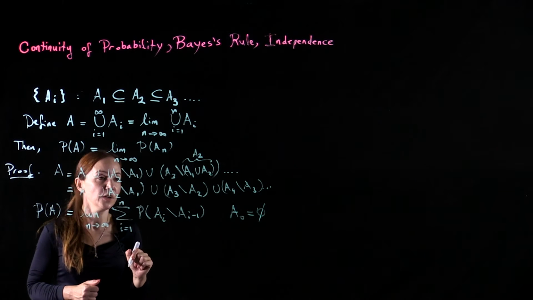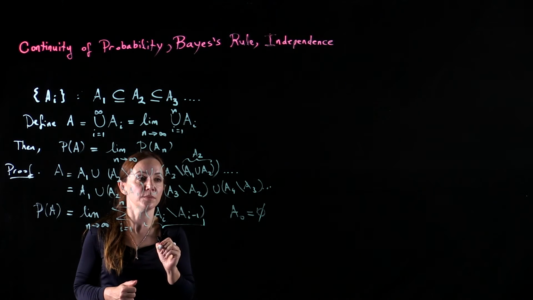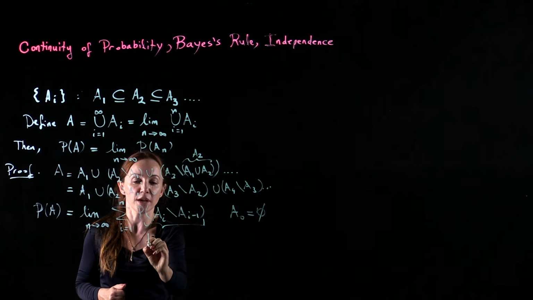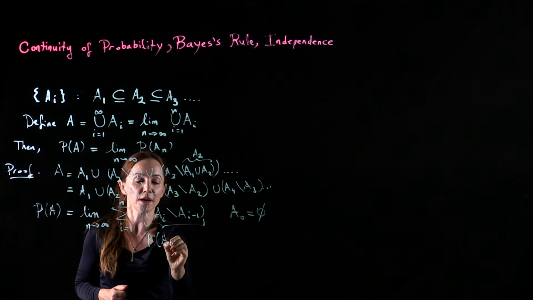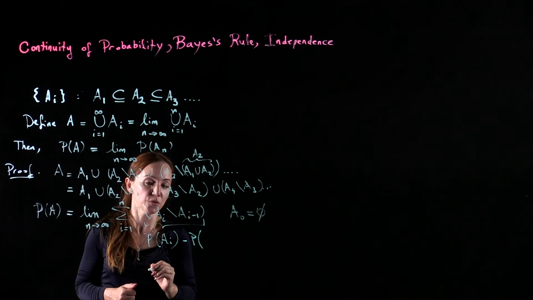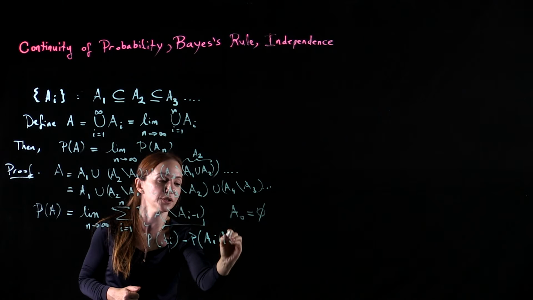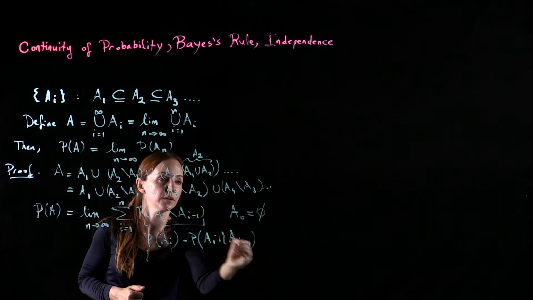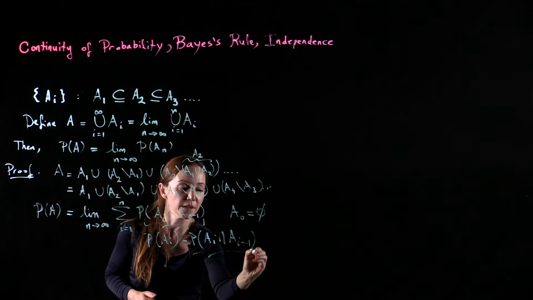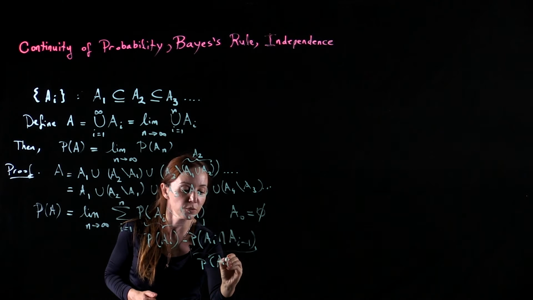Okay, then. But what is this? Now, this can be expressed as P of A_i minus the probability of A_i intersection A_{i-1}. But A_i intersection A_{i-1} is nothing but A_{i-1}, so this is simply P of A_i minus P of A_{i-1}.